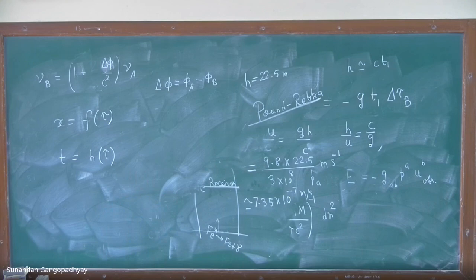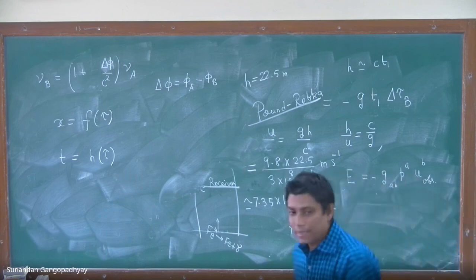Suppose I have my proper time and you are moving. 1 over root of 1 minus v squared over c squared.